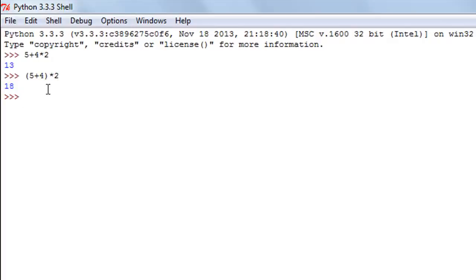If you guys are wondering whether your program is going to get slow, or your script is not going to execute as fast, that's not true. It's going to work at the same speed, and the use of parentheses is not going to slow down your program. You can have parentheses to a level as deep as you want.